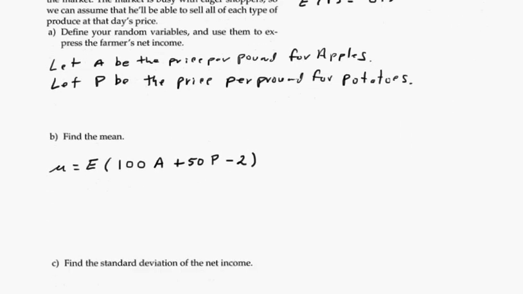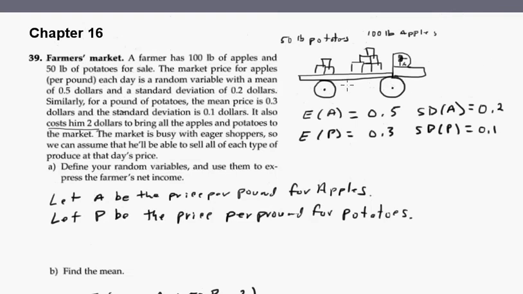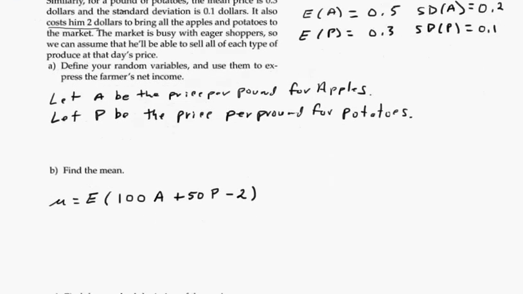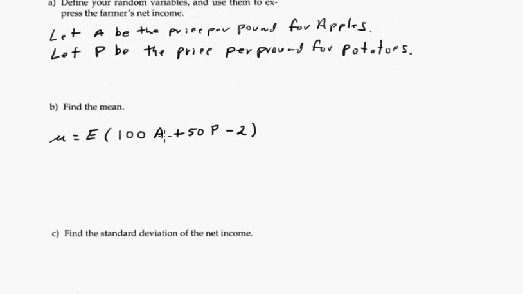One thing to realize here is he's only going to market once. He's only going to market once, and then we're scaling, we're multiplying. It's not like he's taking 1 pound of apples to market, getting a price, then taking another pound like that. So the random variable is only happening once.